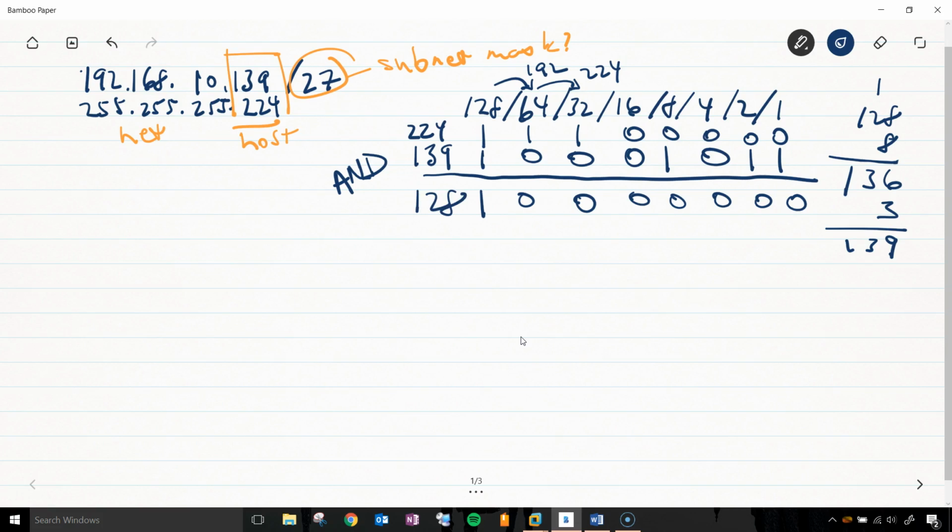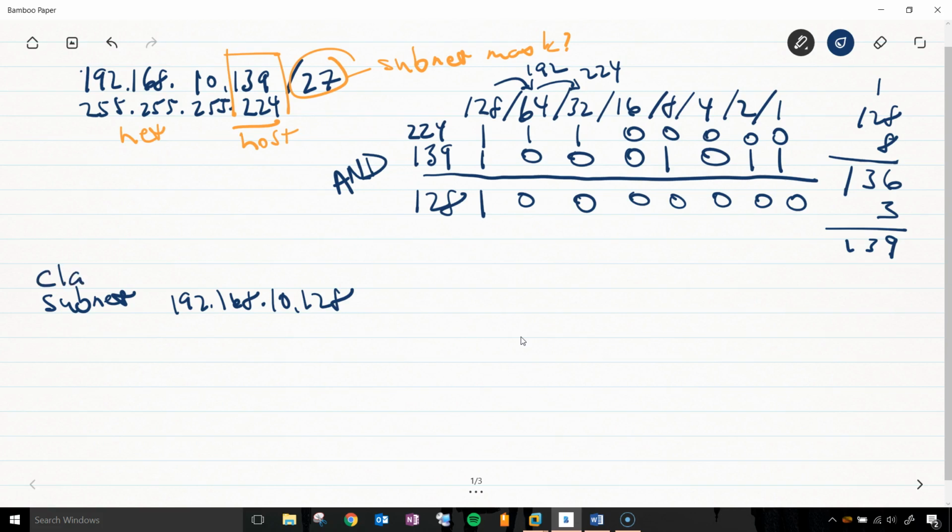Okay, so that means that the subnet address is 192.168.10.128. Okay, so that's where this subnet begins. This is a host within the 128 subnet.